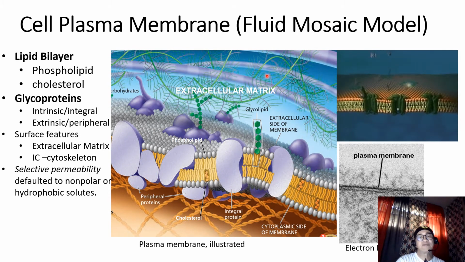The outer surface of the plasma membrane is occupied by branching chains of sugar molecules or carbohydrates that are attached to either phospholipid heads or the transmembrane proteins.